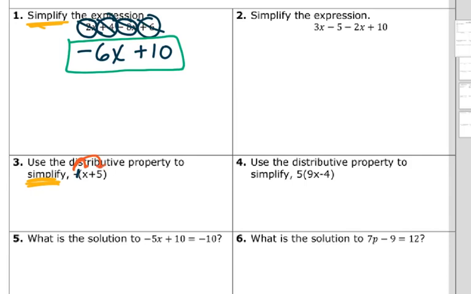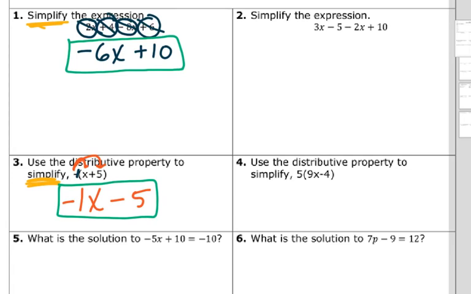Distributing means we multiply. So negative 1 times an x is a negative 1x. Negative 1 times 5 is a minus 5. Very easy. Again, no equal sign. So this is our final answer. That's called simplifying, either combining like terms or distributing is what allows us to simplify an expression.